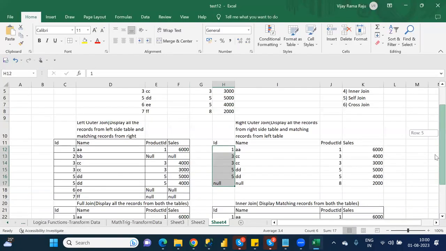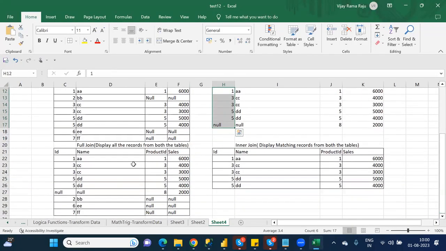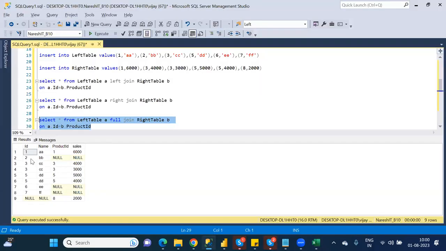Whether the 9 records are displaying here or not. How many? The same values or not? See here, 2 values for nulls, 6 and 7 for nulls value. For 8 related, we need to display null in the left table. Understand or not?